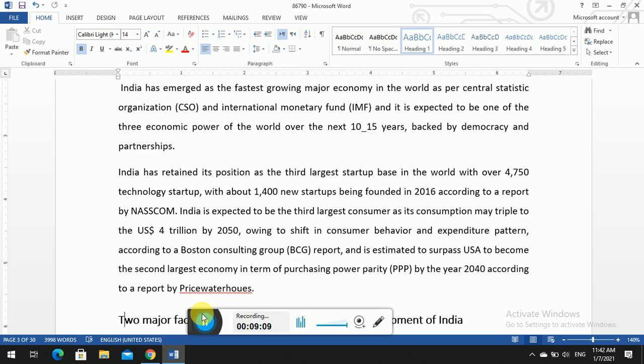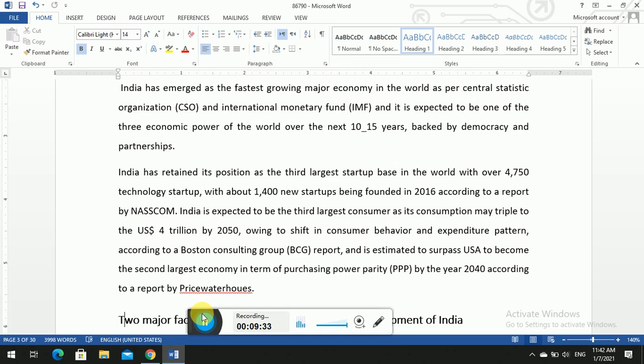So it's normally new startups, new companies. So imagine 4,750 small, new companies started only in the technology area and industry, with about 1,400 new startups founded in 2016, according to a report by NASSCOM.